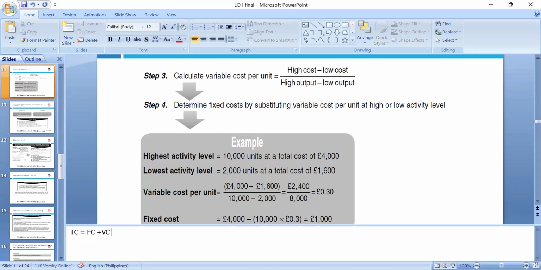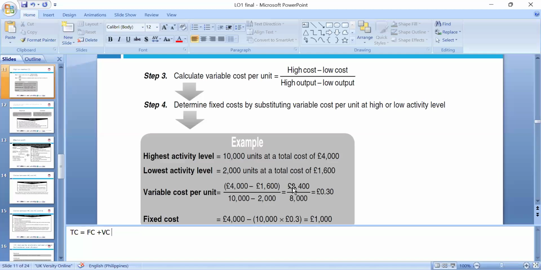So my high cost is 4,000, my low cost is 1,600. The difference between 4,000 and 1,600 is 2,400. You getting me here? So that's 2,400.